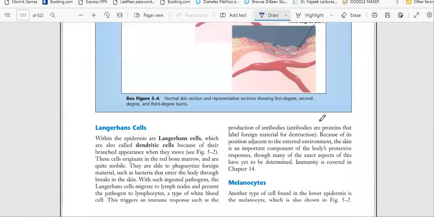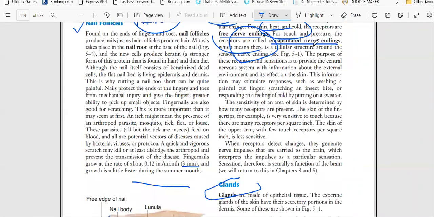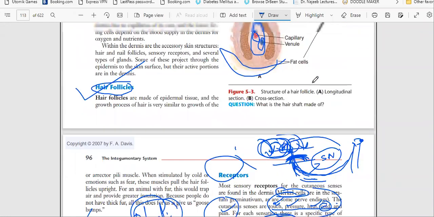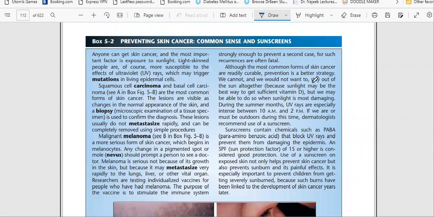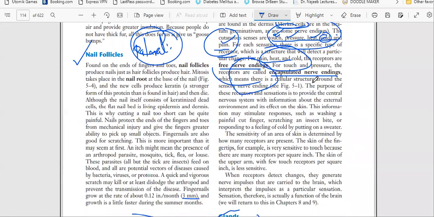And other senses like touch and pressure have encapsulated nerve endings. They have a covering, so only more pressure or more touch can be sensed.